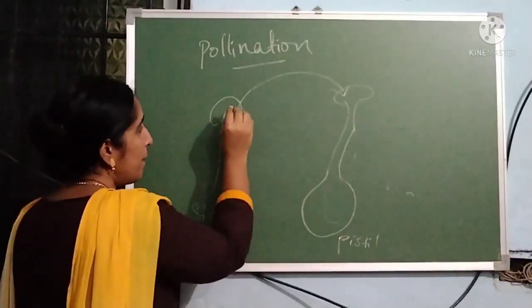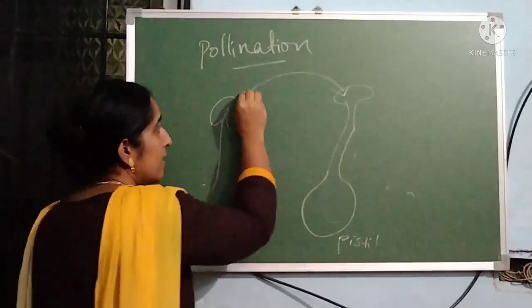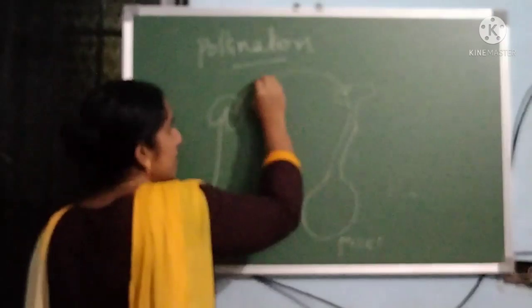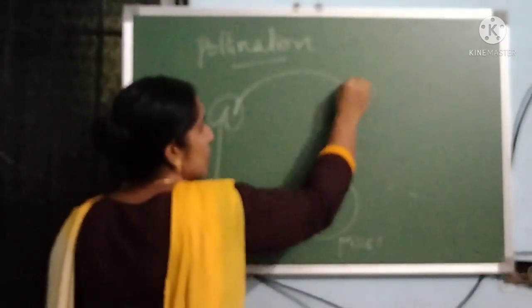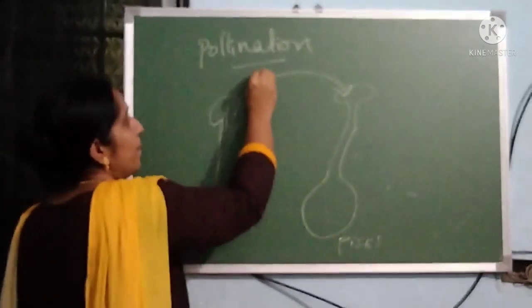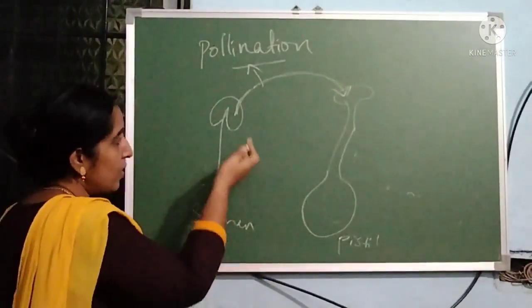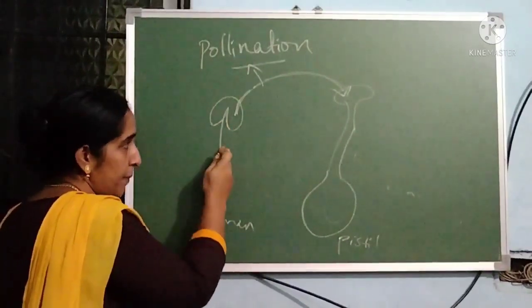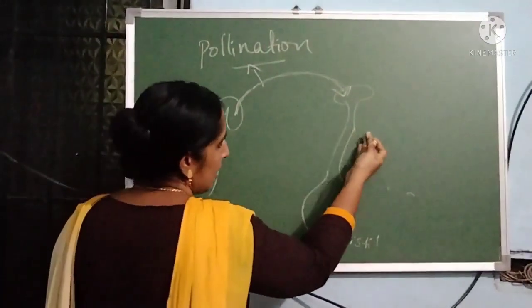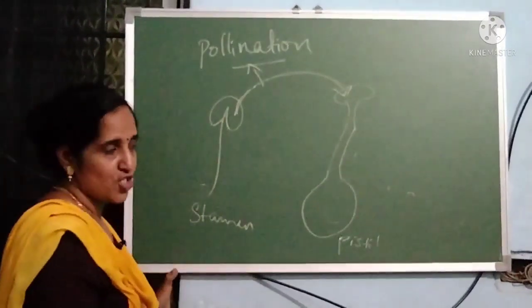The transfer of male gametes from anther of stamen to stigma of pistil is called pollination.